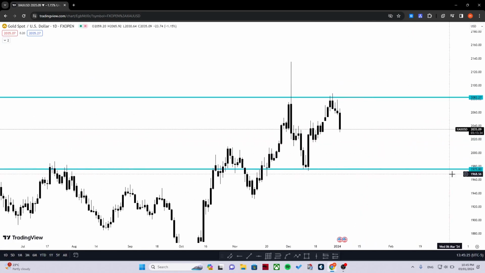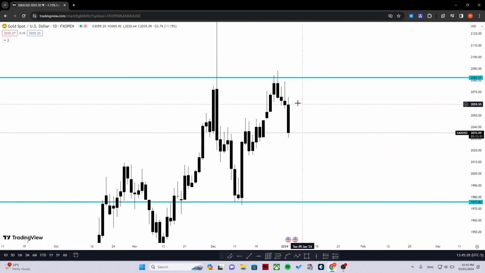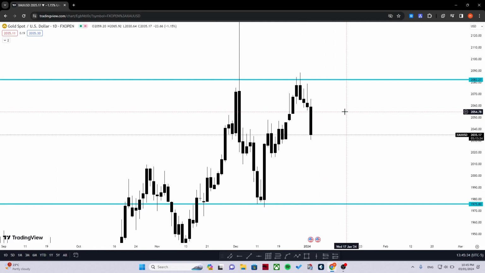So basically, this is how I trade. I just identify the support and resistance of the previous day. Okay? And I will see whether the next day it will take the high of the previous day or the low of the previous day.